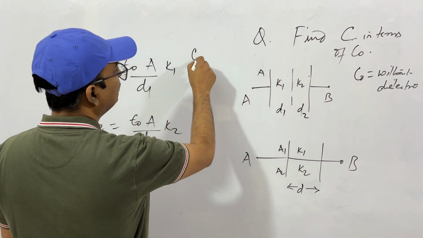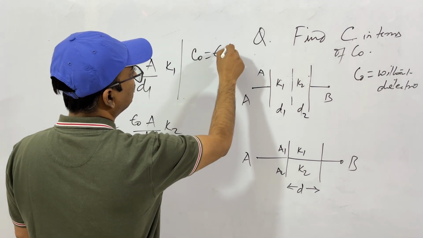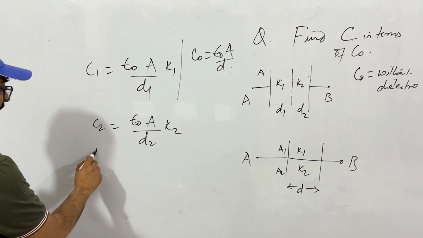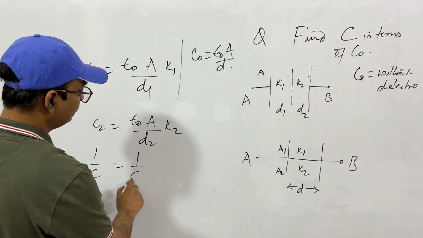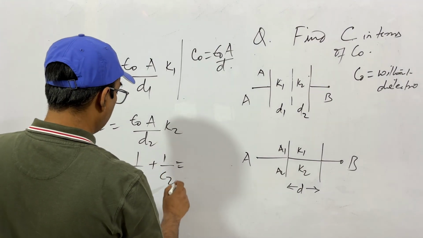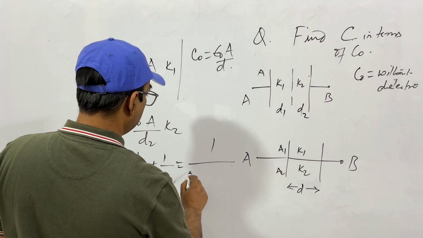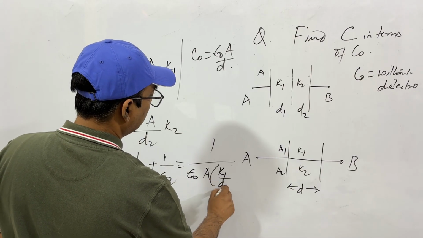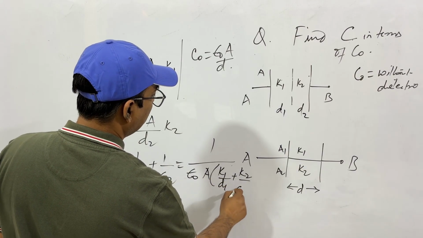And what is C0? C0 is epsilon 0 A by D. Clear? So we have 1 by C equal to 1 by C1 plus 1 by C2. So this will be equal to 1 by epsilon 0 A times K1 by D1 plus K2 by D2. This is your 1 by C.